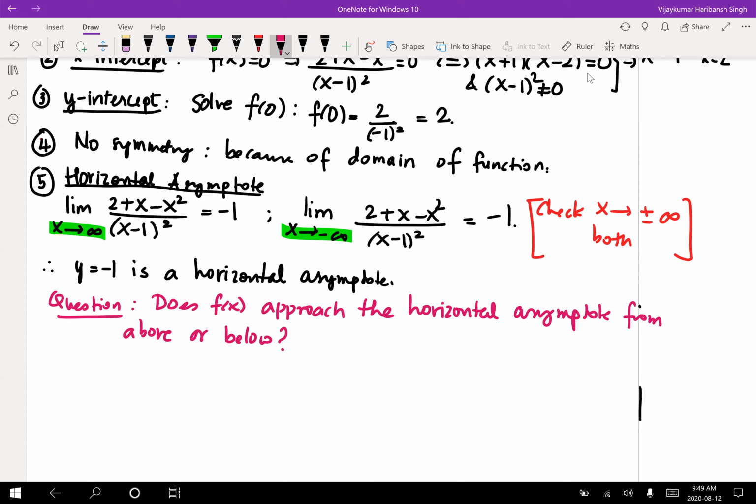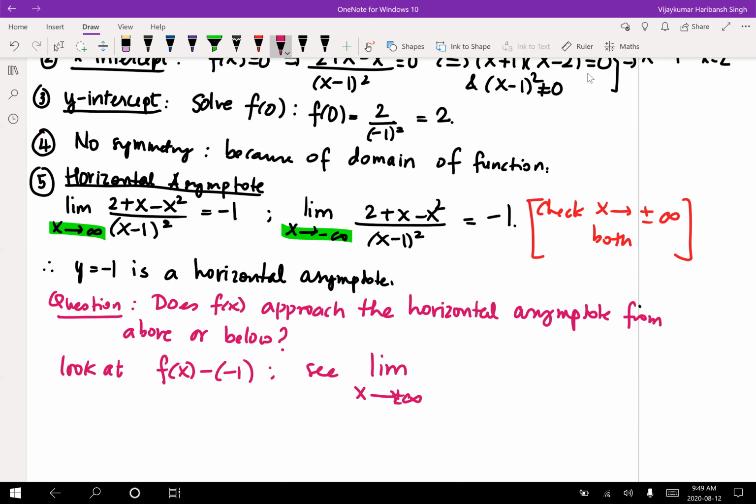So for that, we have to look at the sign of f of x minus of minus 1, and see what happens as x goes to plus or minus infinity of this, right?